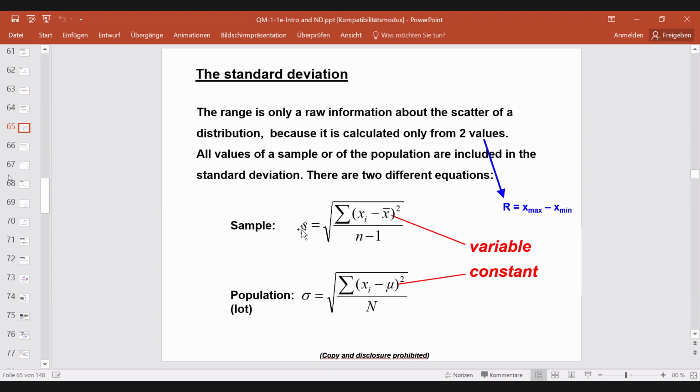If you take it today or tomorrow or in 1 week, you will have a variable value here. So this s is variable, and here it is constant because mu is constant and the big N is also constant.